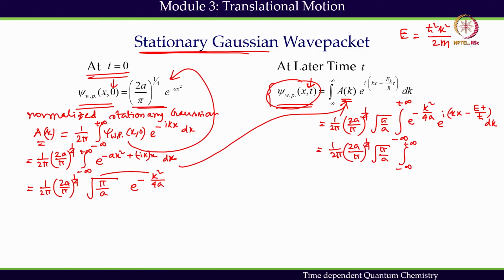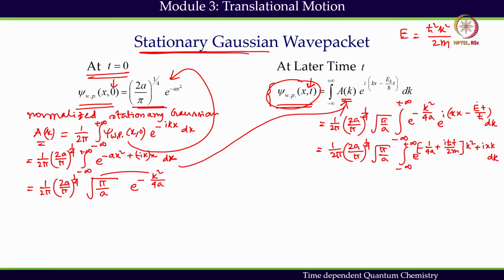Integral from minus infinity to plus infinity of e to the power, I'll rearrange in the following way, minus 1 by 4a plus i h cut t by 2m, this k square, plus i x k, dk.